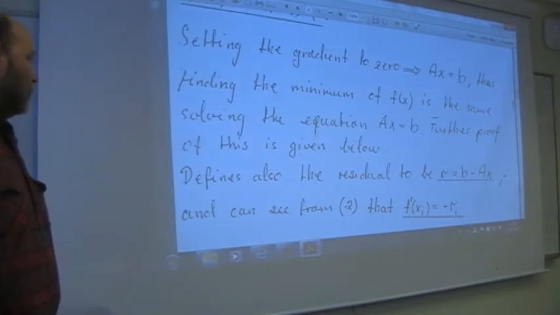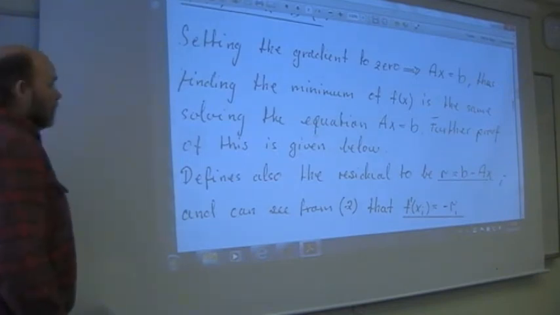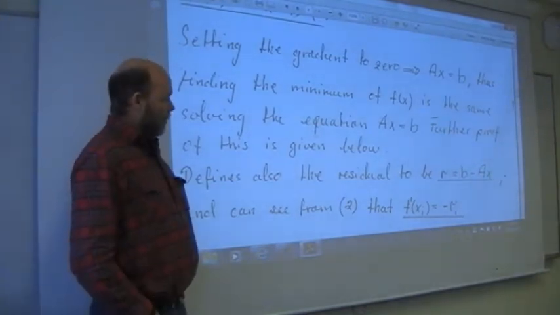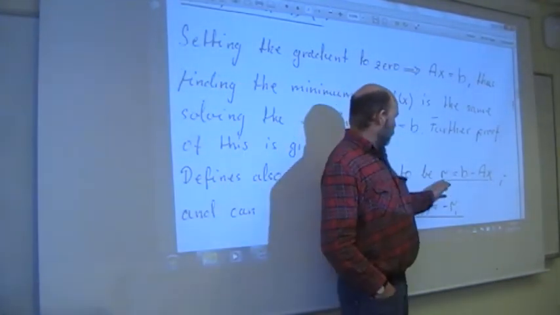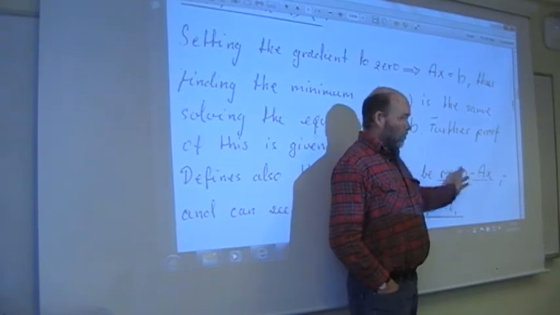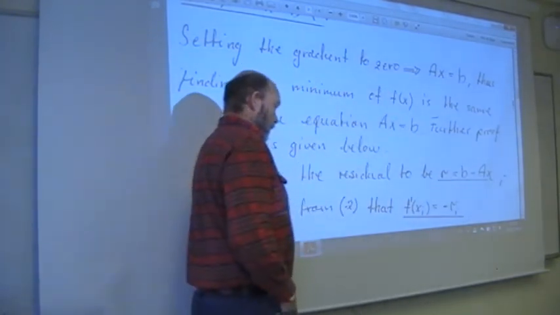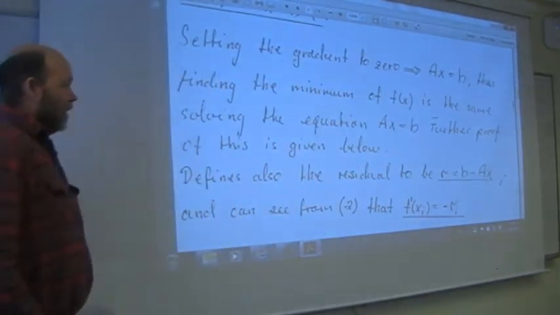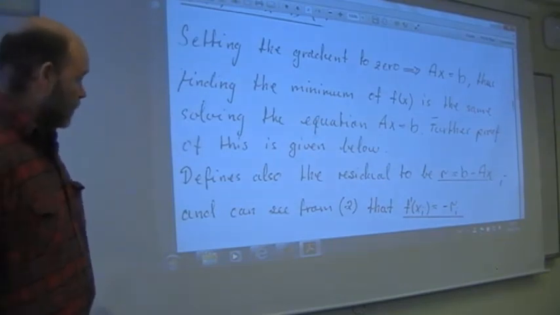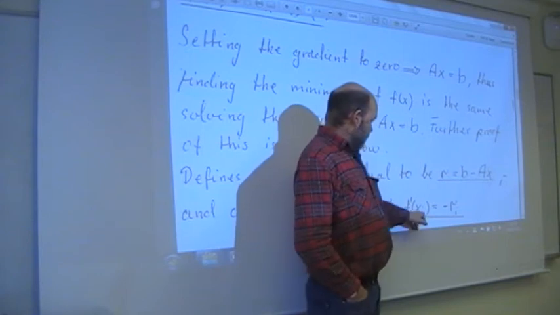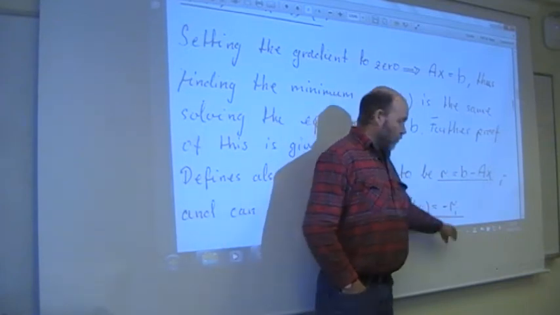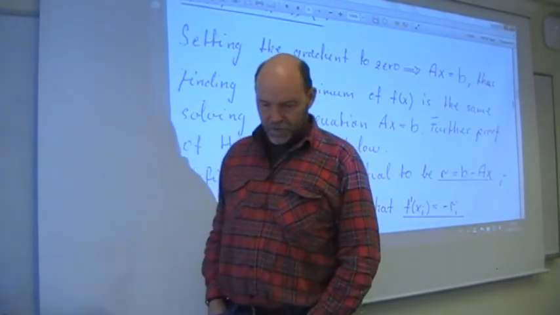Again, talking about the residual, here defined maybe the other way around from how we did it before. So it's just a minus, just a definition anyway, so don't worry about it. And then you see from the equation we just had, this derivative equals minus this residual.